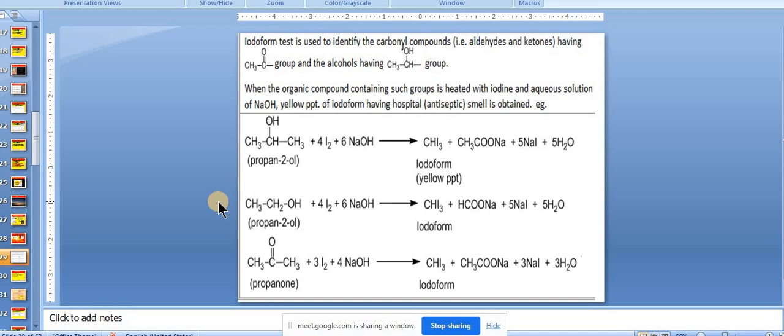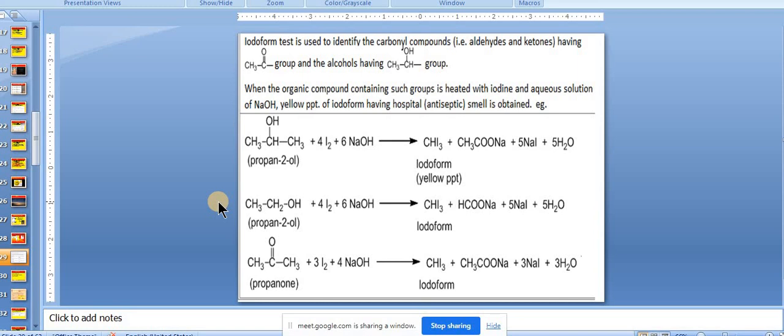That means the R which we were talking about was CH3. The CH3CO group is a must. Similarly, if you have an alcohol with CH3CHOH and any other grouping, meaning a 2 degree alcohol, or if 1 degree, then ethanol, they will give the iodoform test with iodine and NaOH.